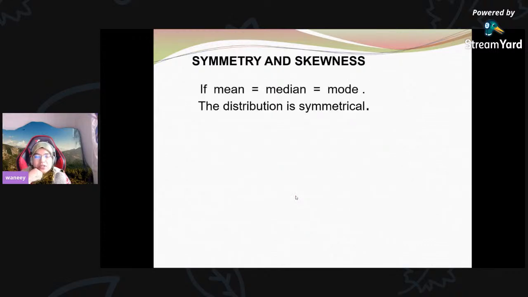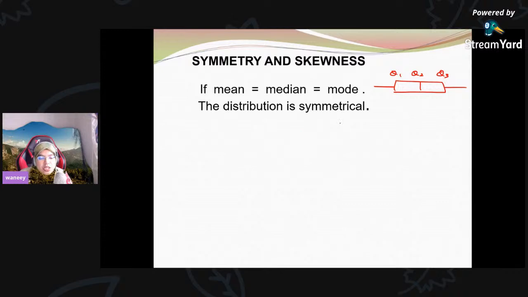Symmetry and skewness. We want to proceed with the Pearson coefficient of skewness, so again we have to repeat about symmetry and skewness. If the mean is equal to the median, equal to the mode, then the distribution is symmetrical. If you draw your box and whisker, the distances will be equal, the whiskers will be equal as well.